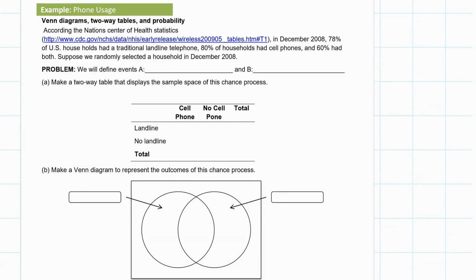In this particular case, it says that according to the National Center for Health Statistics, in December 2008, 78% of U.S. households had a traditional landline phone, 80% had cell phones, and 60% had both. Let's call event A having a landline, and let's call B having cell phones.